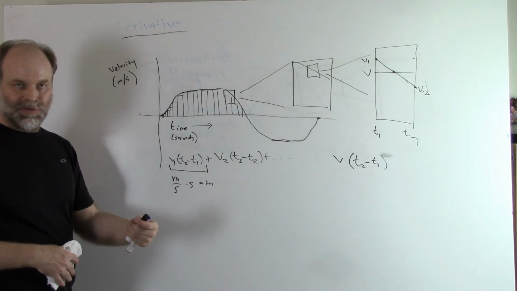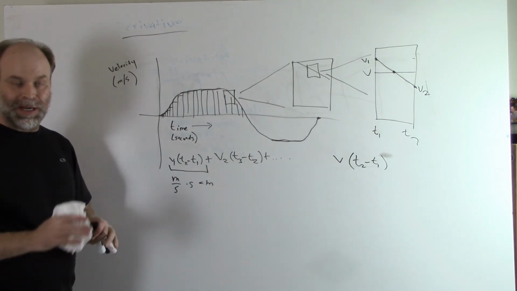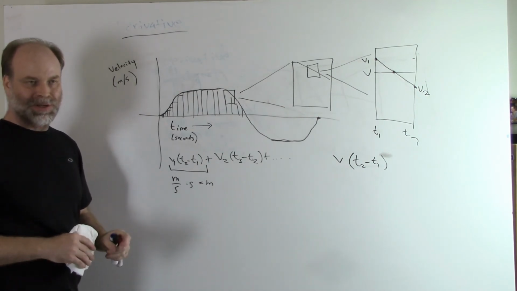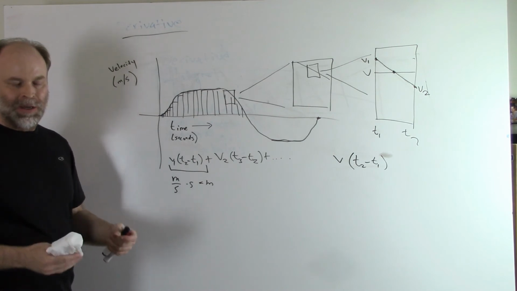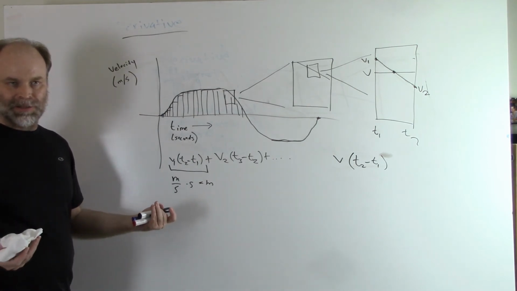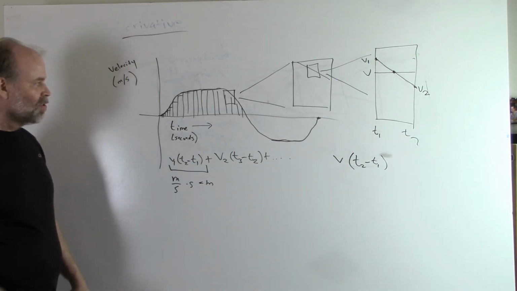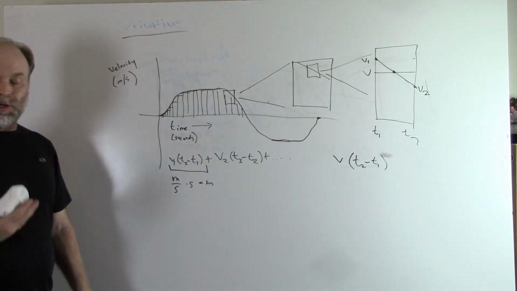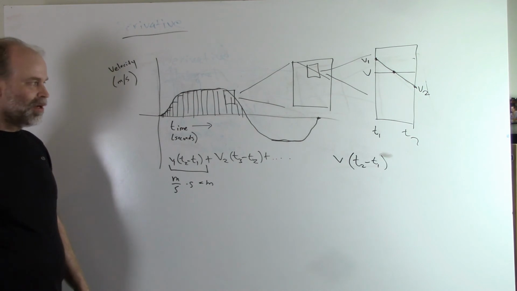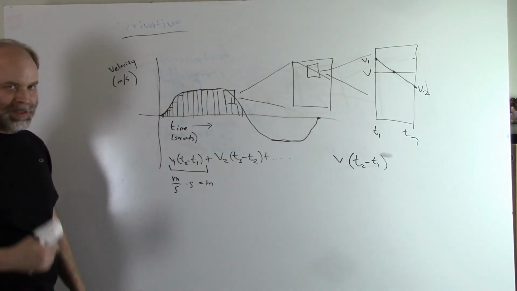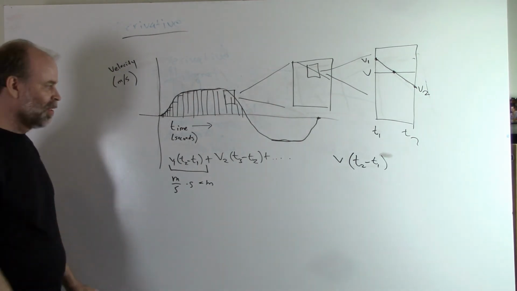The integral takes you from velocity to position. These are by no means the only applications of these types of operations, but they're very familiar and physically intuitive and easy to understand. So now, what we want to look at is the relationship of these operations to each other, which is the fundamental theorem of calculus.